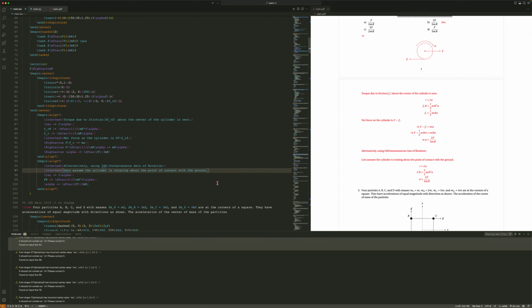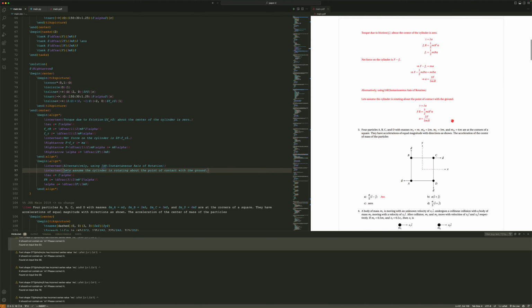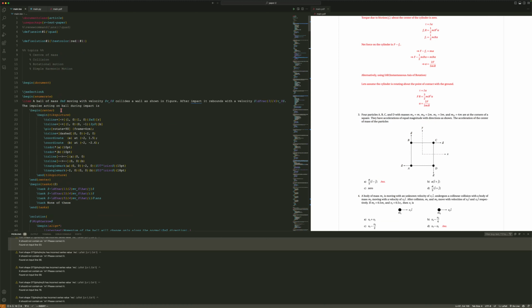I think I'll delete this large part because that's boring. I don't like this long solution. Let's leave it that way. And let's check one more thing.